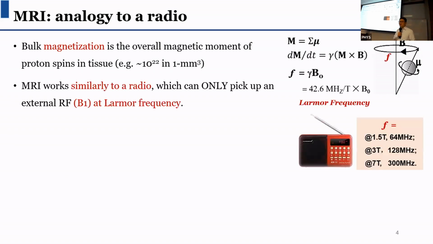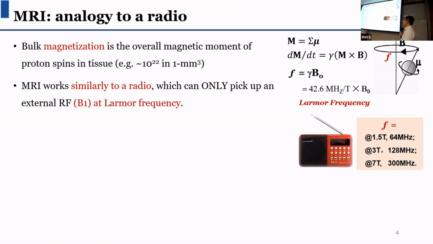The important thing is this rotation has a particular frequency, the Larmor frequency, and you can write the equation like this: frequency equals gamma multiplied by B0. So for 3T, for example, the frequency is fixed at 128 megahertz.